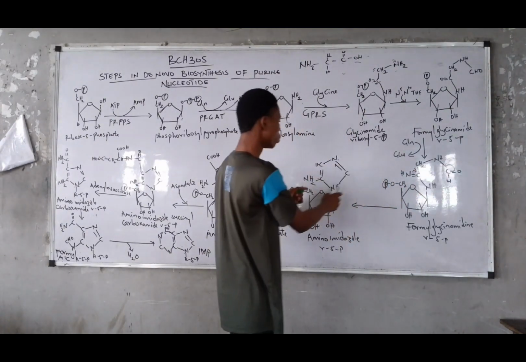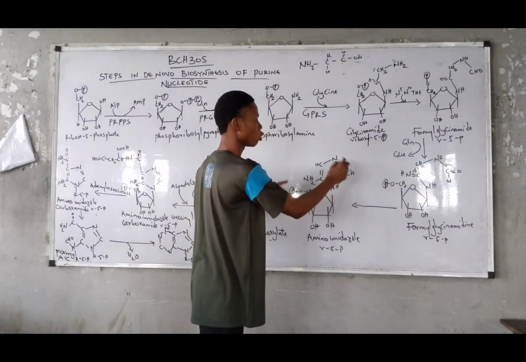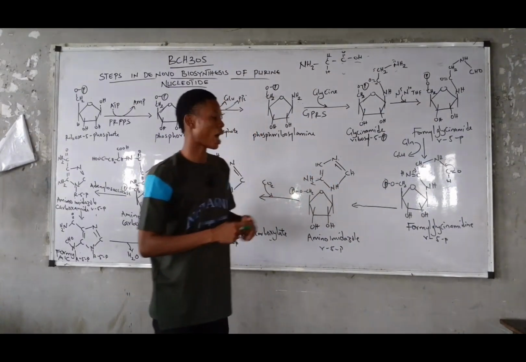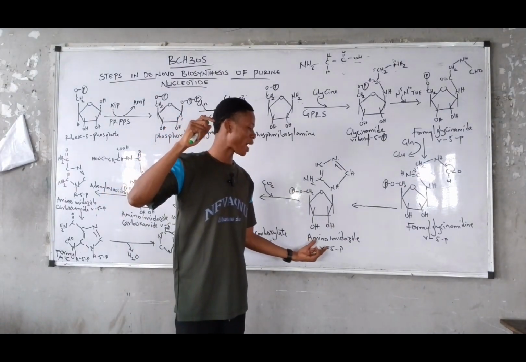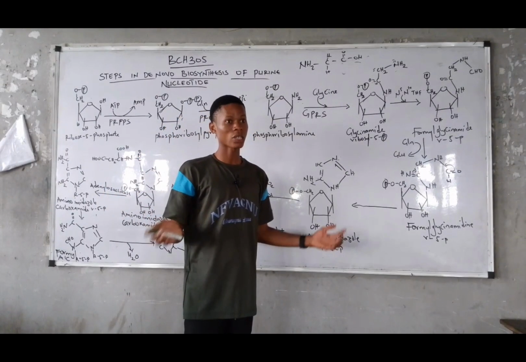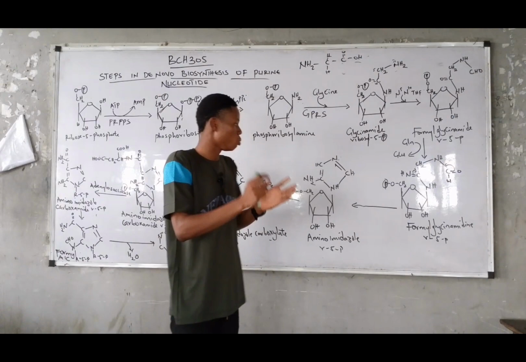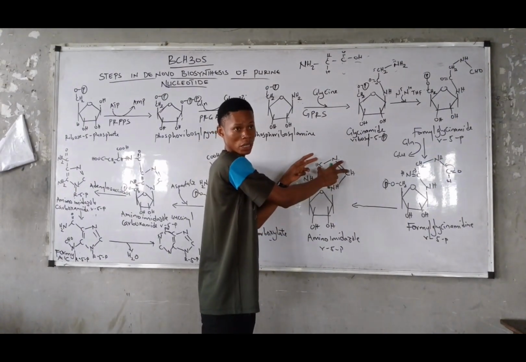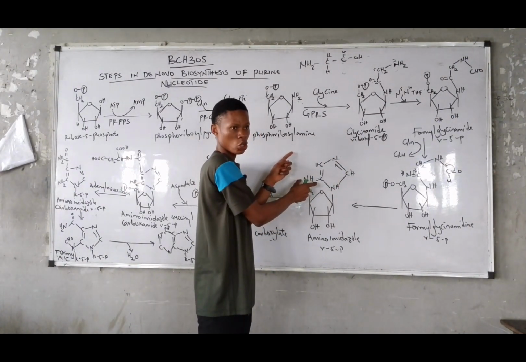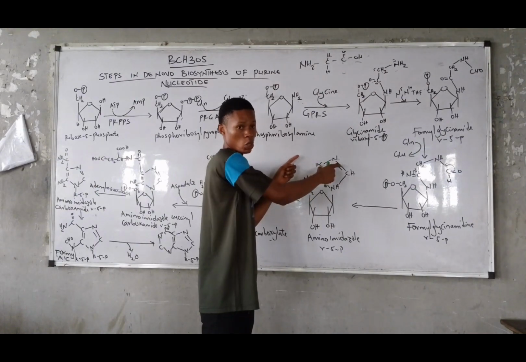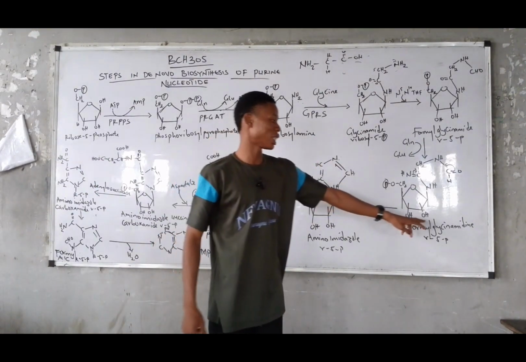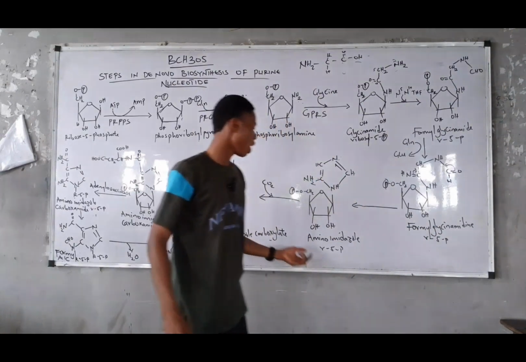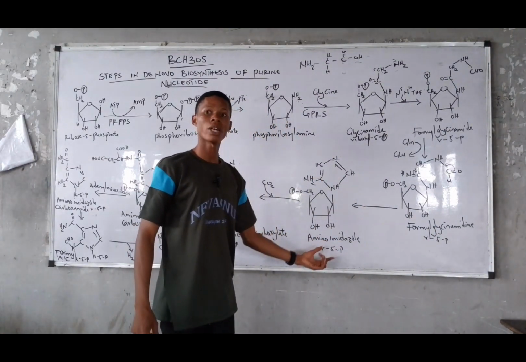The ring will close. Just know what is happening here is a ring closure. And as the ring closes, we form our aminoimidazole. This is an imidazole ring, right? Imine is attached. So from formylglycinamidine ribosyl-5-phosphate, we have aminoimidazole ribosyl-5-phosphate.